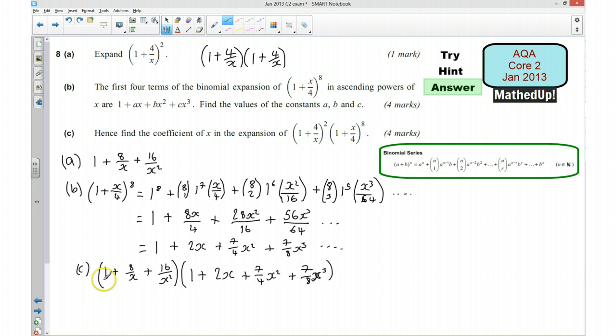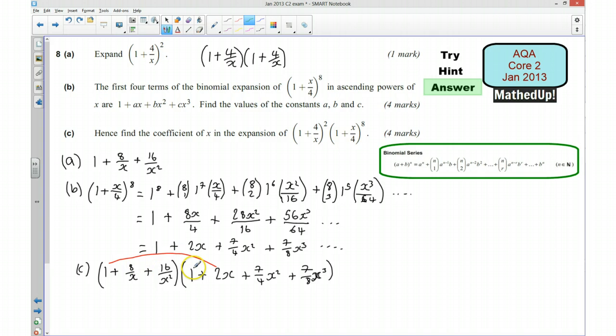Now I'm going to look at which terms match together to give me an x term. So 1 times 1 doesn't, but 1 times 2x will give me an x term.